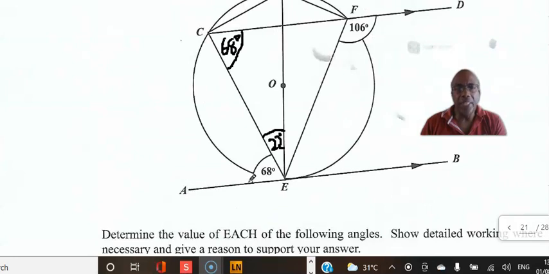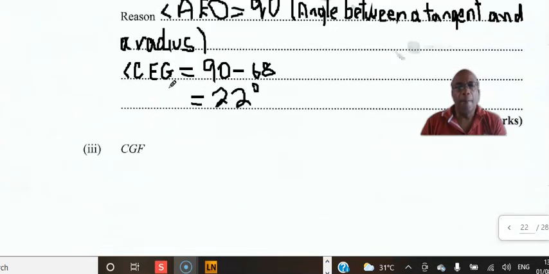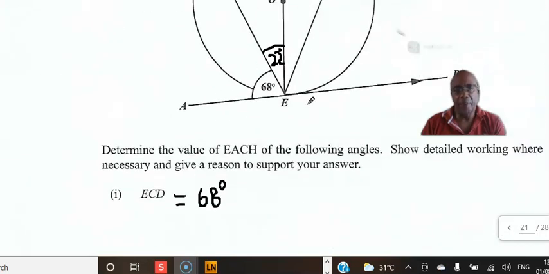Angle between a tangent, that's AE, and a radius, that's EO, is 90 degrees. And therefore, angle CEG is 90 minus 68, which is 22 degrees. As shown in the diagram, we subtract the 68 from the 90 to get 22 degrees. So let's go to the next question.